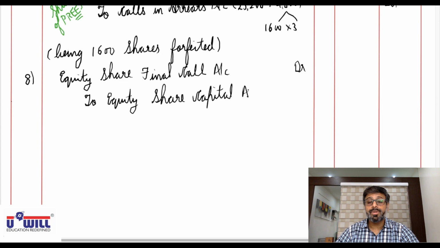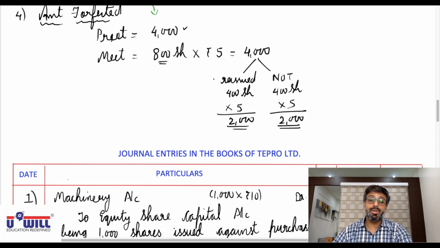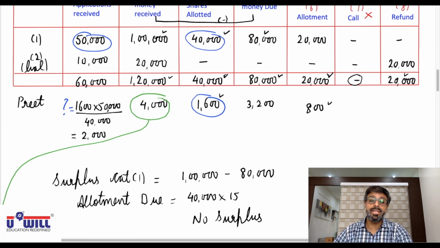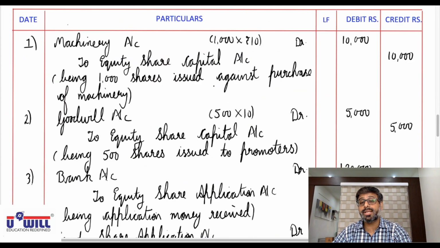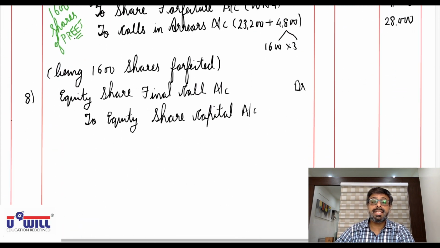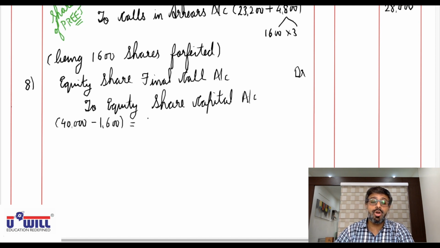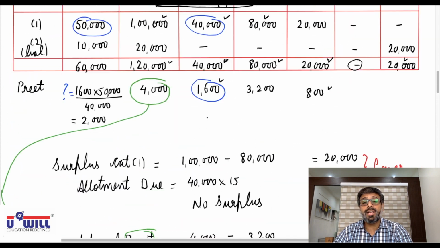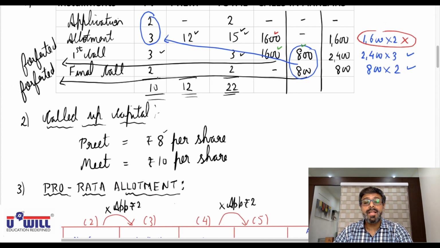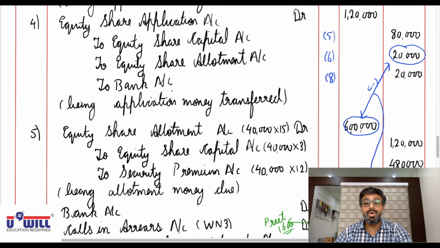What amount? 40,000 shares are allotted. So will we calculate this on 40,000? Now you all must be knowing this. Since 1600 shares are forfeited but not yet reissued, 40,000 minus 1600. Now this final call money will become due only on 38,400 shares into final call is 2 rupees. So 38,400 into 2 rupees.